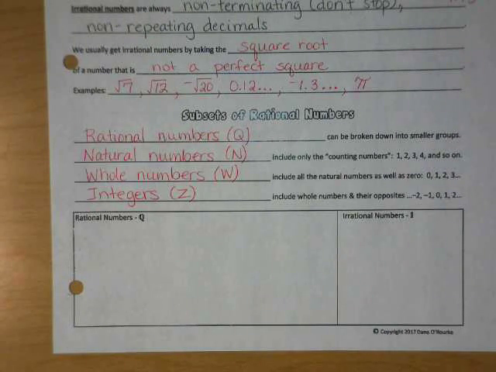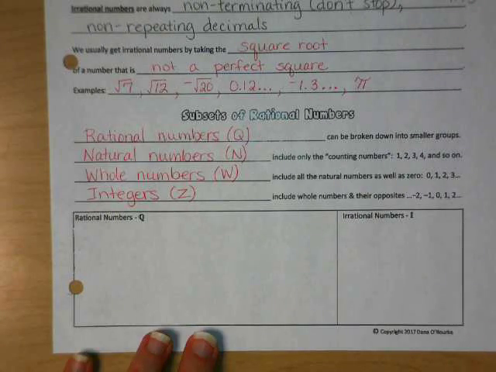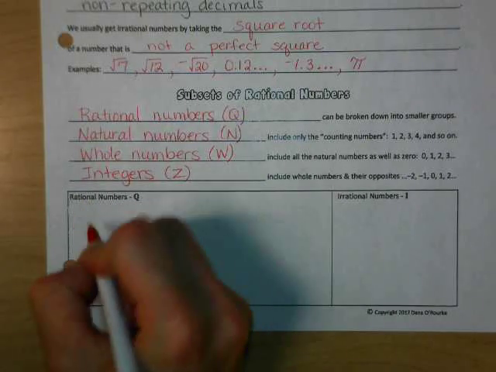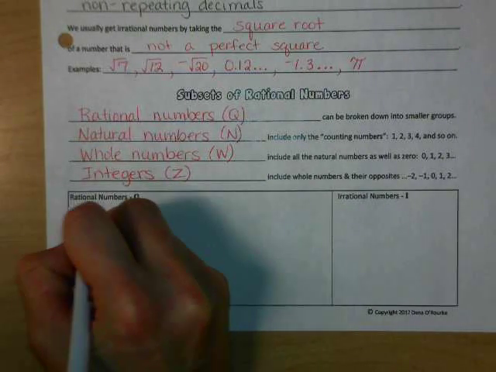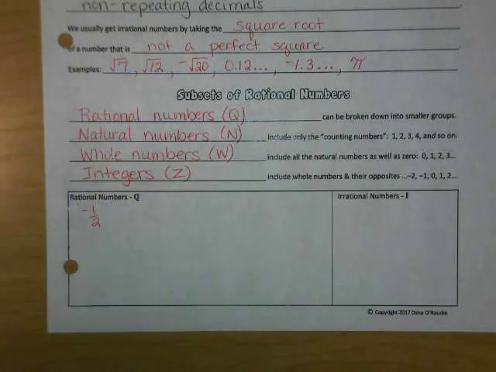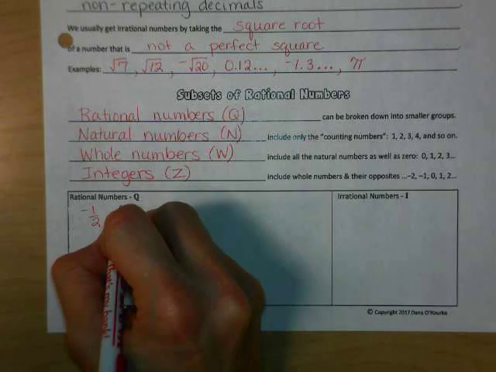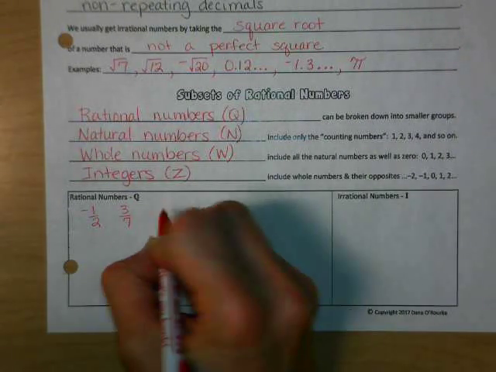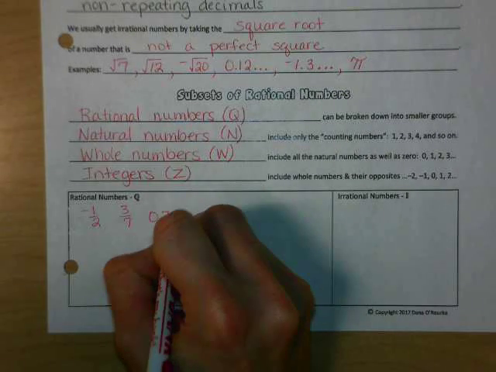All right, I'm going to give you a bunch of examples here at the bottom. I'm going to say them out loud, so if you can keep up just by following my voice, that's great. If you get lost, you'll have to look at the screen. -1/2, 3/7, 0.75.